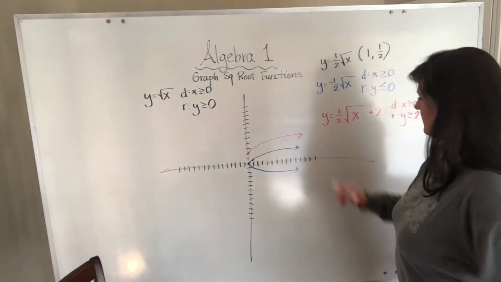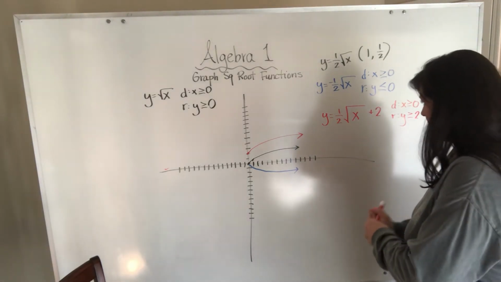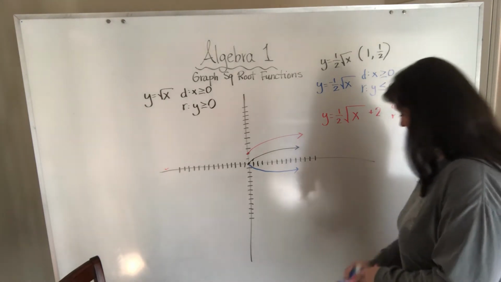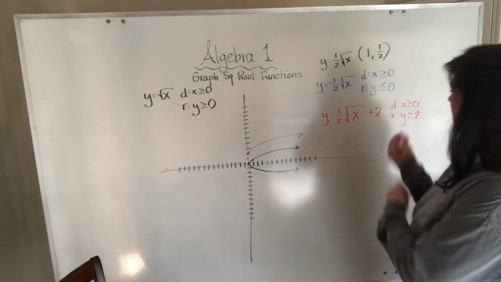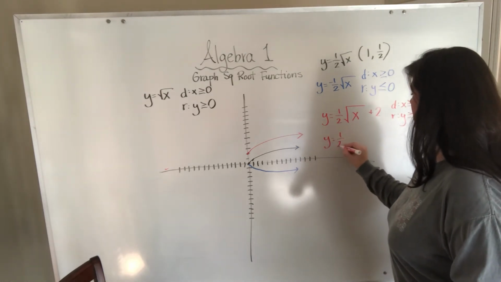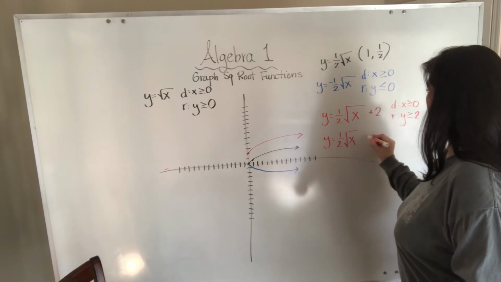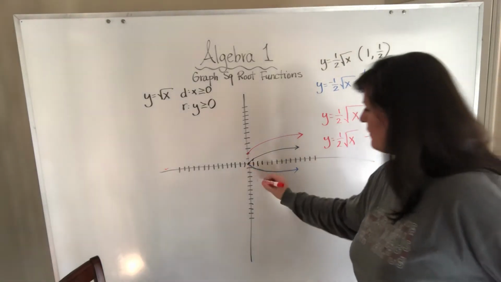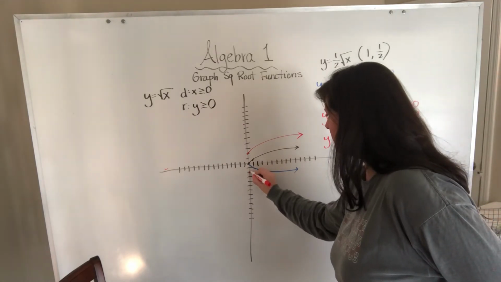Well, what if I did, let's do this in red anyway, y equals 1/2 square root of x minus 2. Hopefully you remember that. Here's my parent function. That means I'm going down 2. Okay?